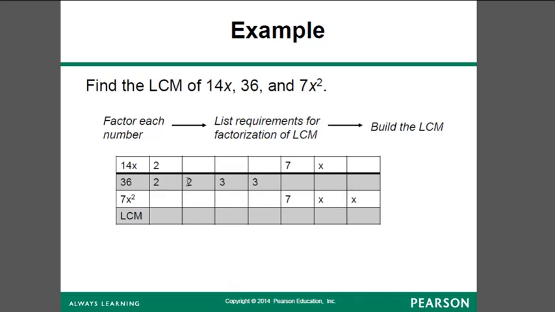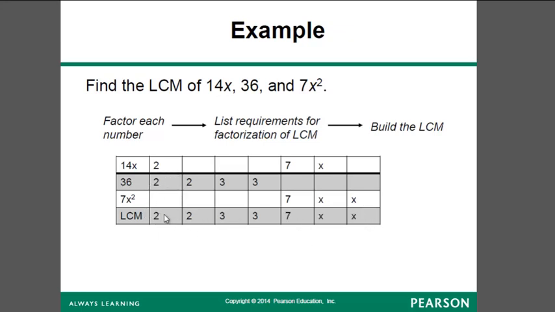Now notice, each column only has the same number. I did not line up the 7 here over this 2, and I didn't line an x up over the 3. I can only put in a column the same number. This helps me out with my LCM, because now my LCM has to have one number from each column.